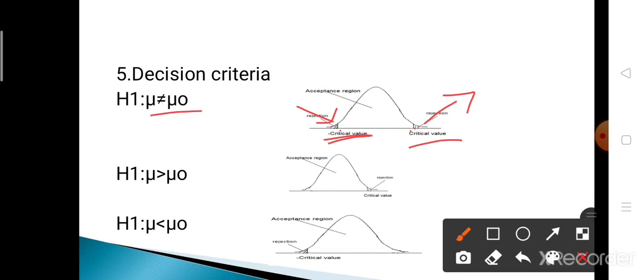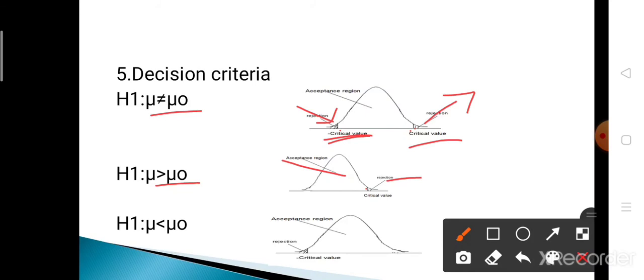Okay. Now H1, mu is greater than mu naught. If there is greater than, that is a one-sided right test, then there is only one rejection region, situated on the right side. So if the test statistic value is greater than the critical value, that is the table value, then we reject H0, otherwise accept H0. Okay.